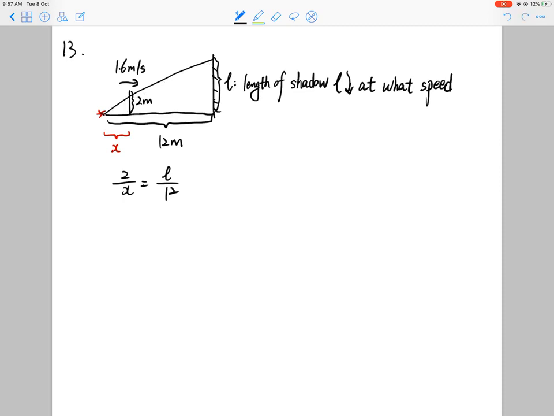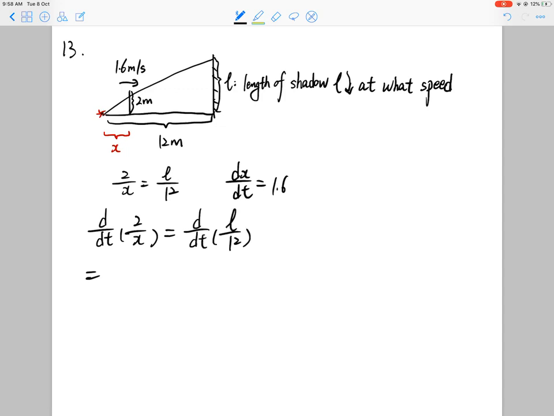Then you want to know the speed. You already know dx over dt is 1.6. So you differentiate both sides in terms of t. Here is a chain rule.